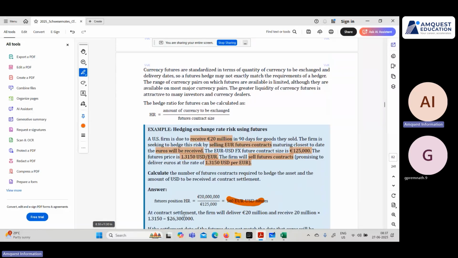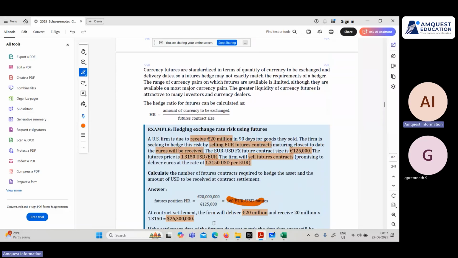Now you can see that at the contract settlement, the firm will deliver 20 million euros and receive 20 million multiplied by the exchange rate, which is this much amount. So as of today, he fixed in the rate that he will be receiving 26.3 million. Is that okay? Yeah, that's correct.